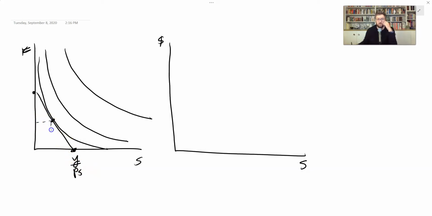But this person would prefer to spend at least some of their income on food. So we're going to say that this is when the price is equal to 10, okay? And if the price is first equal to 10, let's say this is equal to 2, okay? That's how much this person is going to demand at a price of 2.